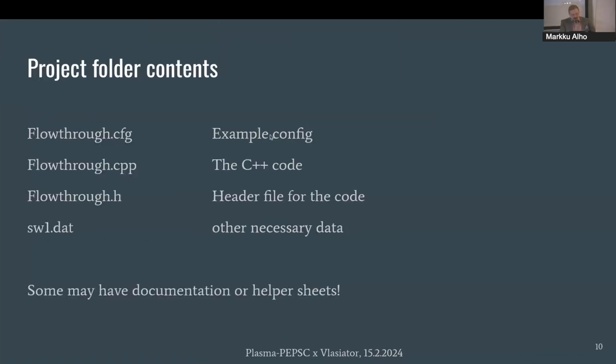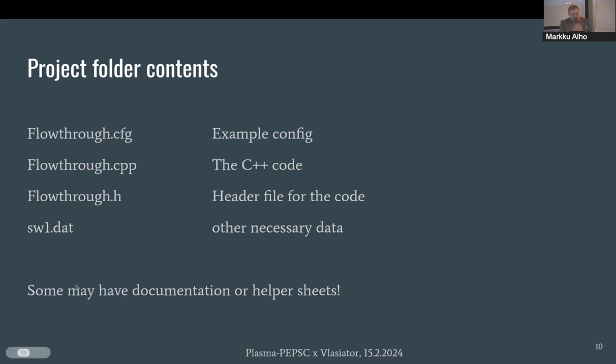For example, the project folder for the flow-through contains these. There's the actual C++ code and the header file that we just had a quick glance at. Then there's an example configuration file, and maybe some other necessary data. So this is the SolarWind input that can be used from the example config as a boundary condition.